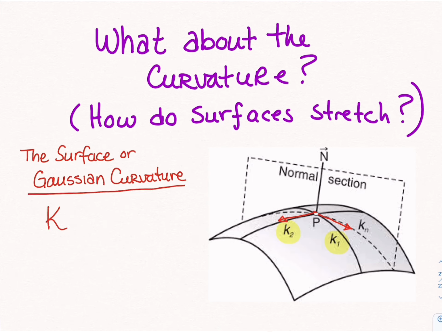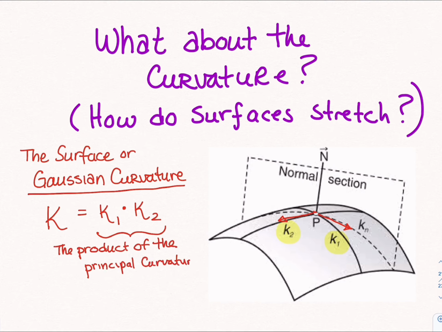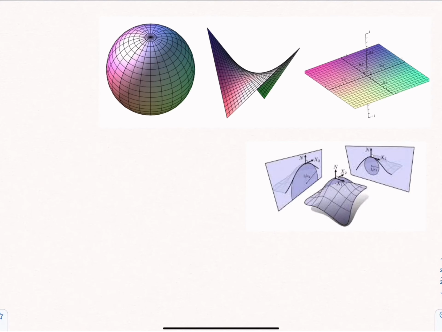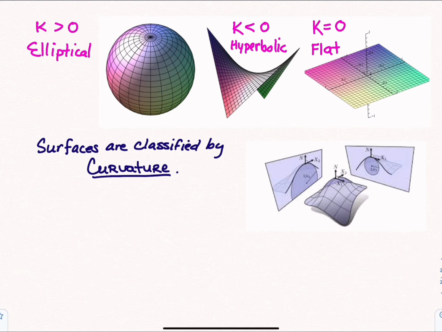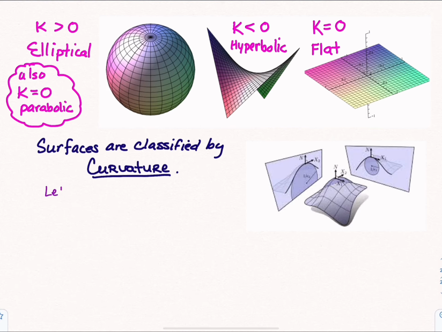And the Gaussian or surface curvature is just simply the product of these two numbers. What's really going to be a takeaway from here is the sign of these curvatures, which is going to define the surface. A surface with zero curvature is considered flat like a plane. Negative curvature is called hyperbolic, and positive curvature is called elliptical or round. There are some other special cases.